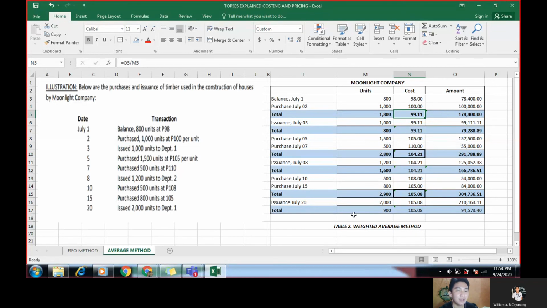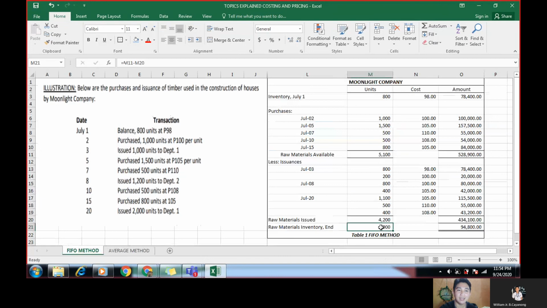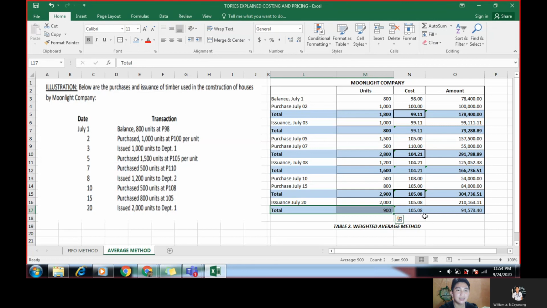Okay? So, if we are going to contrast, 900 yung naiwan for weighted average at yung kay FIFO, 900 pa rin naman. So, magkapareho lang din sila. It's just that nag-iba lang dito pag-compute ng cost. Yan yung pinagkaiba ng weighted average.